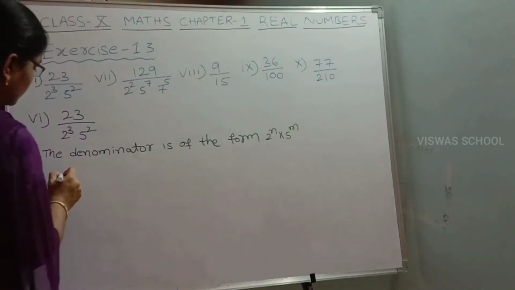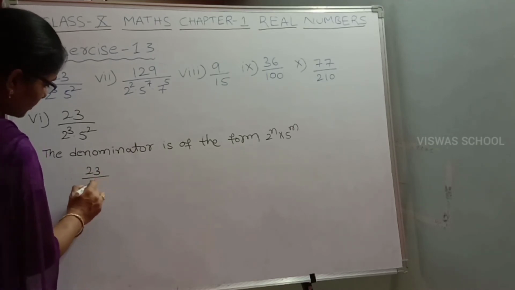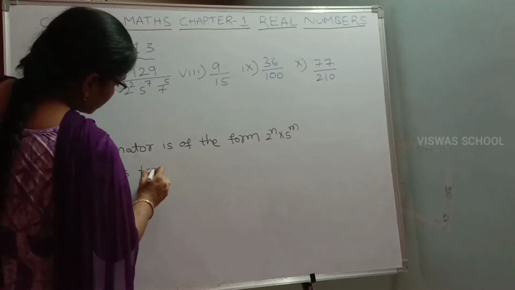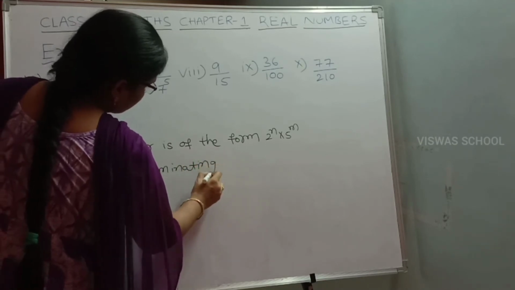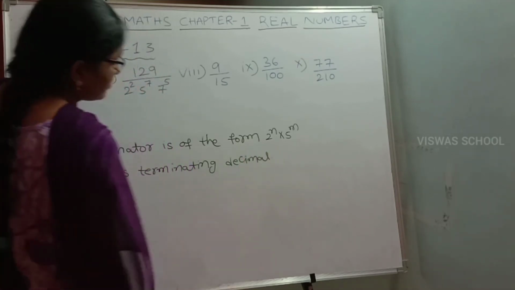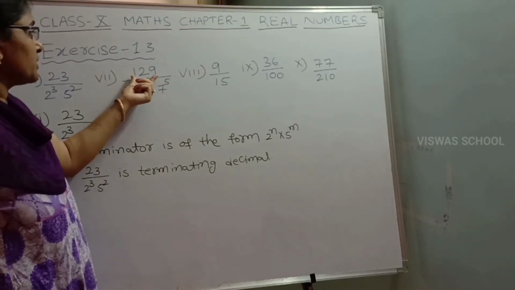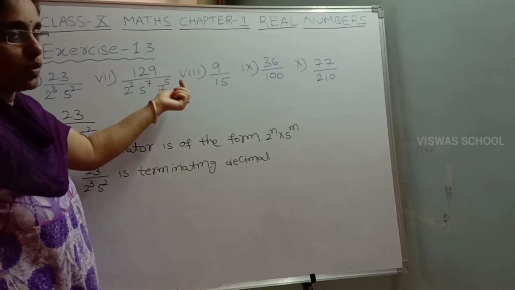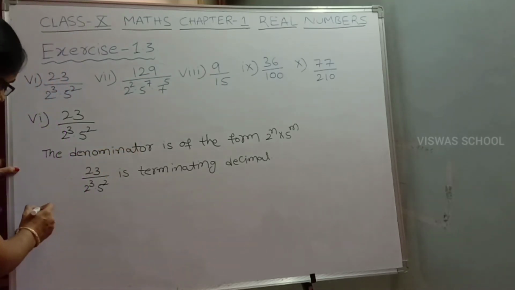Therefore, 23 by 2 cube into 5 square is terminating decimal. The same way, do this 129 by 2 square into 5 power 7 into 7 power 5 as homework. And next we will discuss the 8th one, that is 9 by 15.